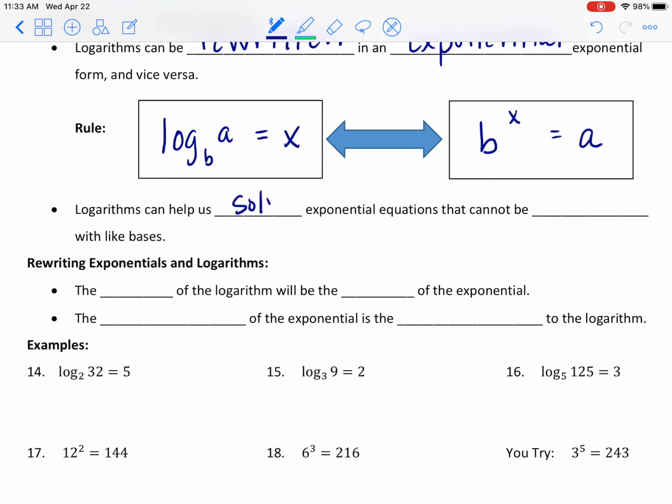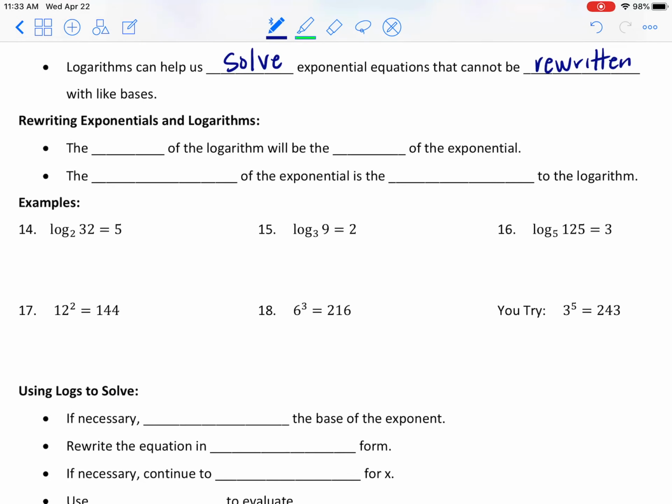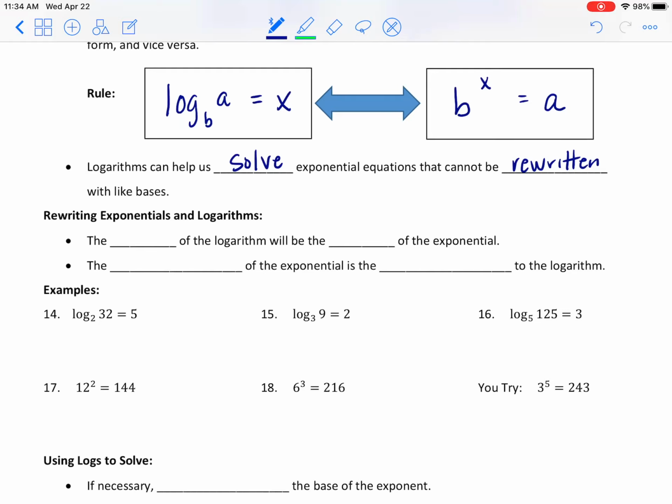So we should be able to take any log equation and rewrite it as an exponential equation, or vice versa. And this is going to help us solve exponential equations that can't be rewritten with common bases like we saw yesterday.